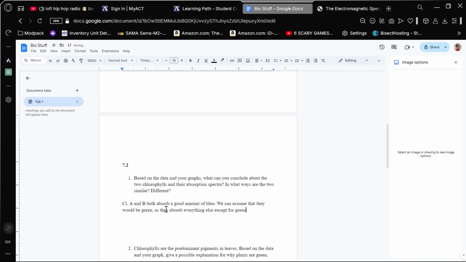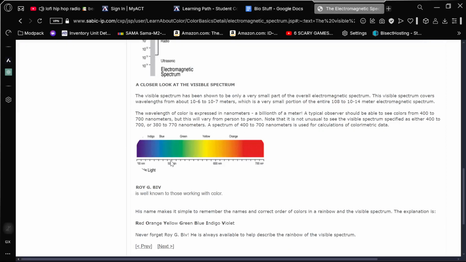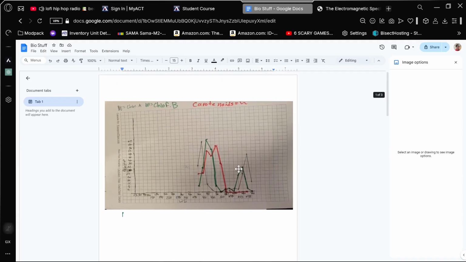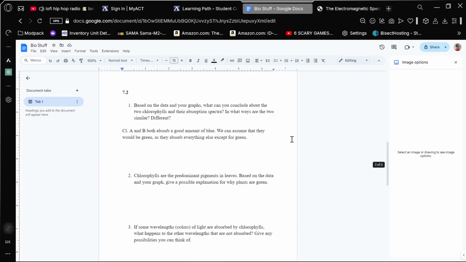That would be a better answer. Because we look at the electromagnetic spectrum, 500 to 600 would be green. And we look at our graph, from 500 to 600, chlorophyll B and chlorophyll A do not absorb a lot. They absorb everything else.